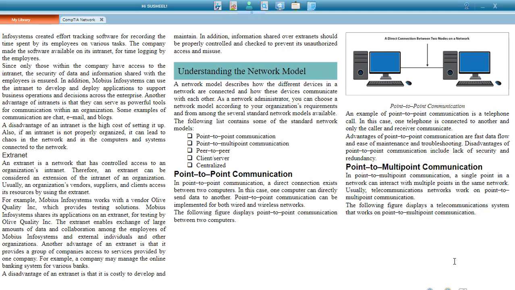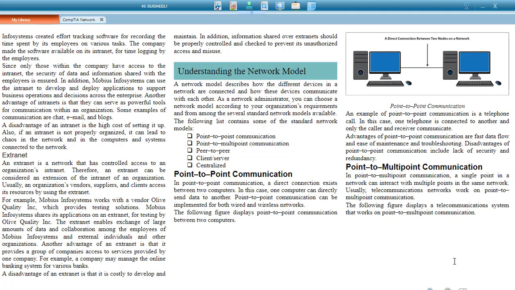The following list contains some of the standard network models. Point-to-point communication. Point-to-multipoint communication. Peer-to-peer. Client/server. Centralized.